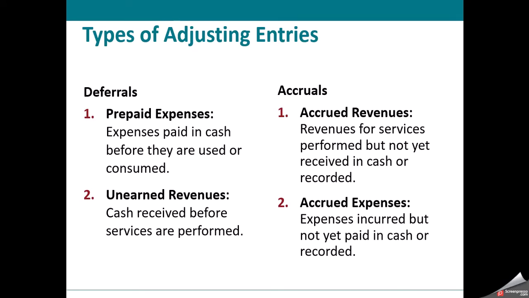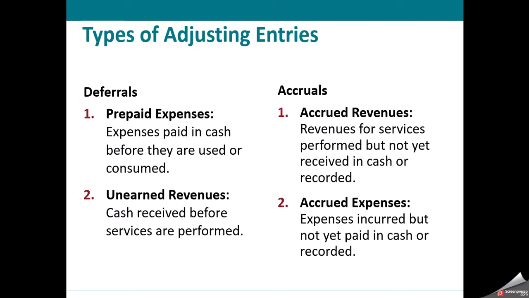So that's going to go to prepaid insurance. And then we're going to have an adjusting entry at the end of each month using up 1 month of that insurance. So each month we'll charge 1/12 of that annual payment to insurance expense, and then we credit that prepaid insurance.